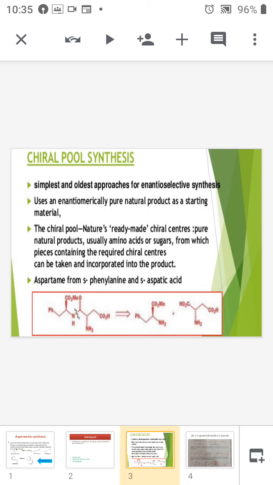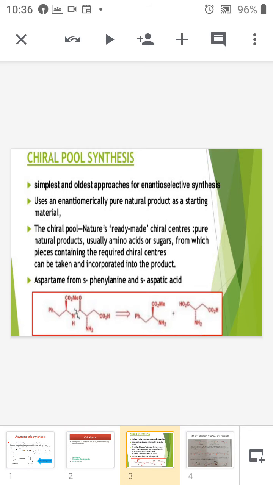It uses enantiomerically pure natural products as the starting material, so definitely our product is also a pure, optically active compound. The chiral pool consists of ready-made chiral centers, usually from amino acids, and pieces containing the required chiral centers can be taken and incorporated into the product.